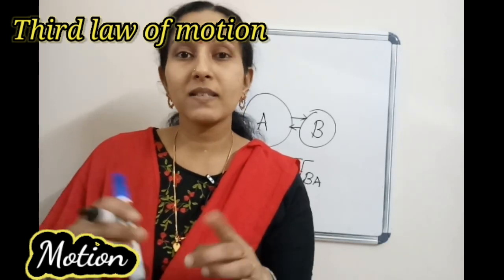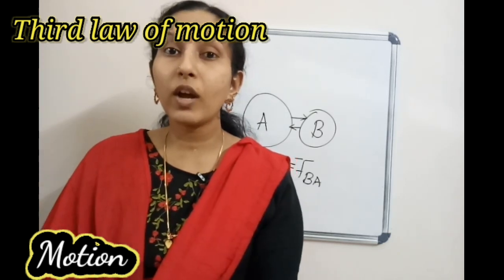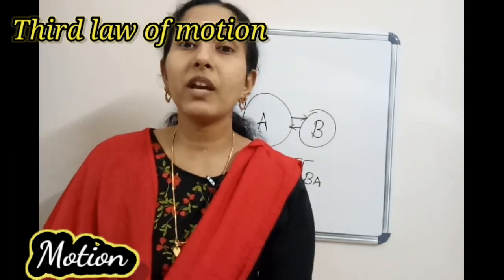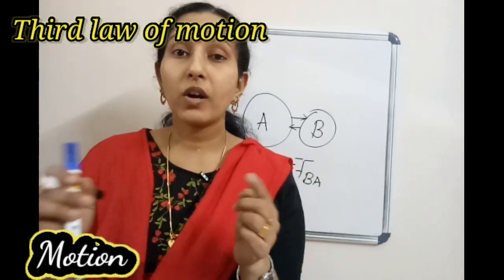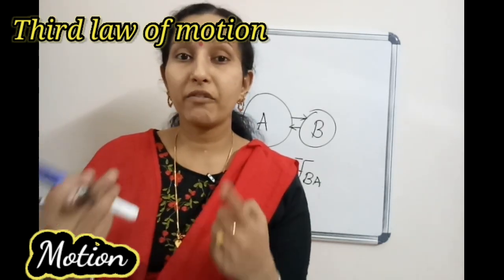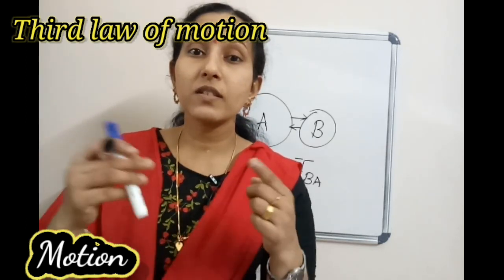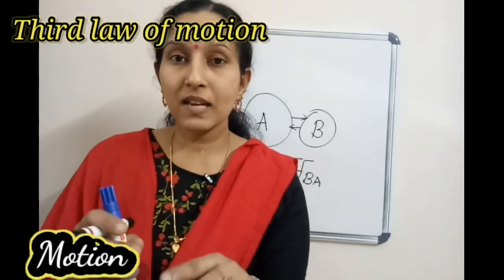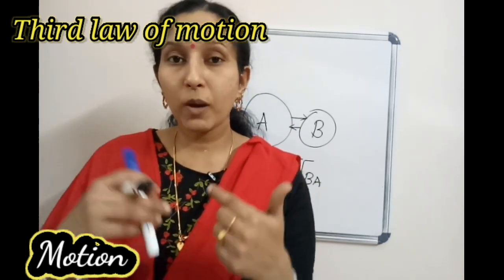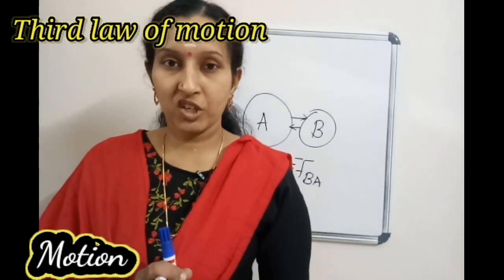Why? Because its mass is less. So action and reaction are equal, but the acceleration may not be equal because each force acts on different objects of different mass. Different objects, different mass, so different acceleration.